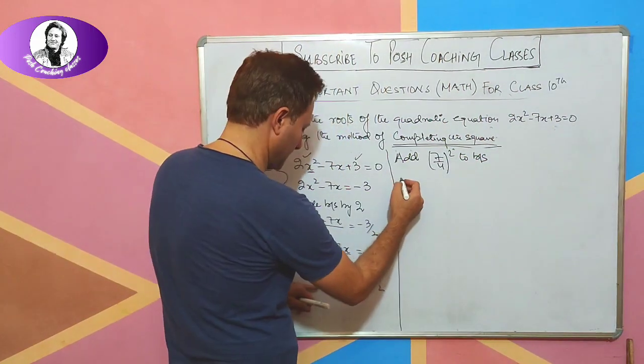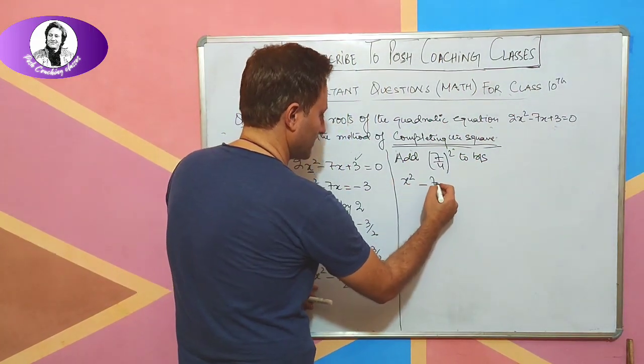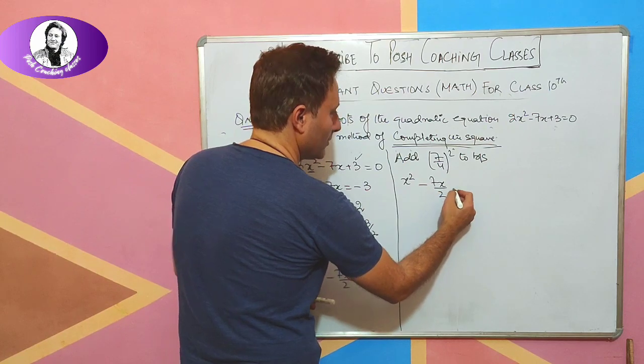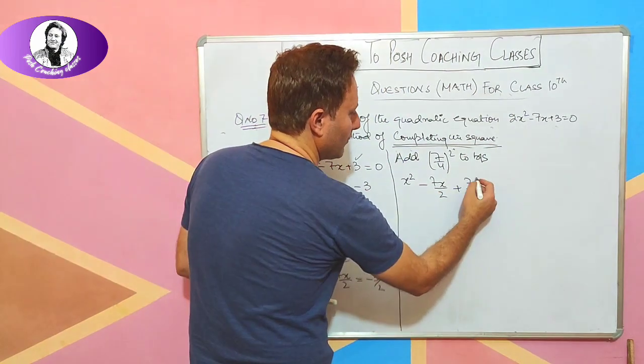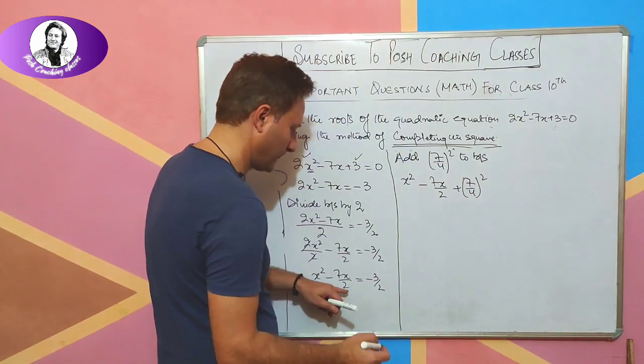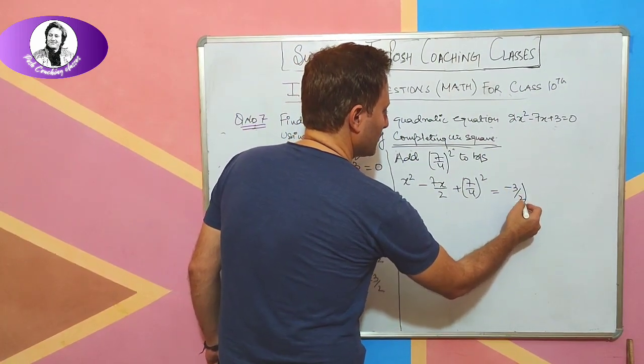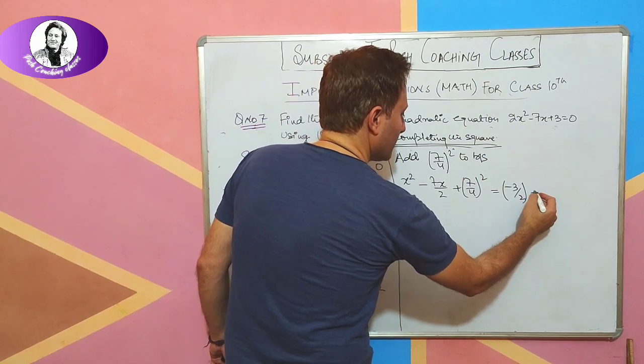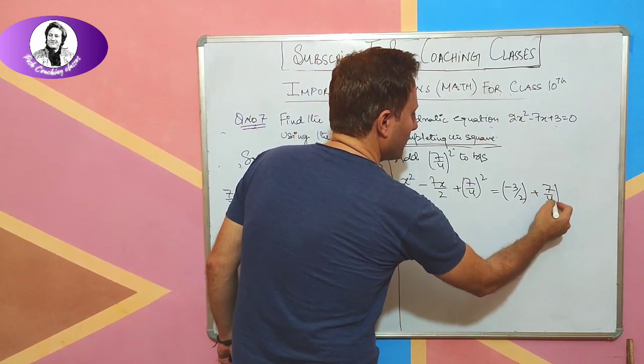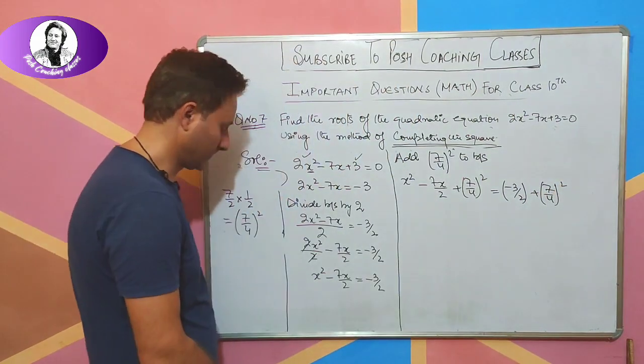It becomes x squared minus 7x upon 2 plus 7 upon 4 whole square, and then I have minus 3 upon 2 plus 7 upon 4 whole square.